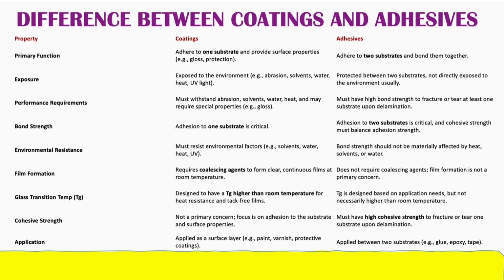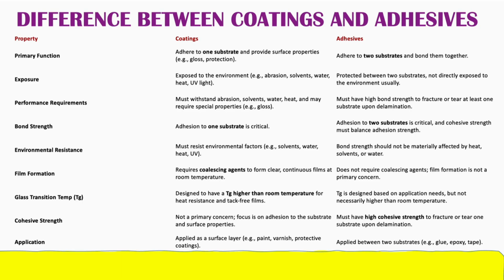In many cases, the bond strength should not be materially affected by heat. The bond strength of the adhesive should not be affected by solvent or water. Therefore an adhesive must not only have good bonding, good anchorage, good chemical forces to both substrates, the adhesive strength, it should also have high enough cohesive strength, the strength which binds similar molecules together, so that when we try to pull off or delaminate the adhesive, it is able to fracture or tear one of the substrates upon delamination.